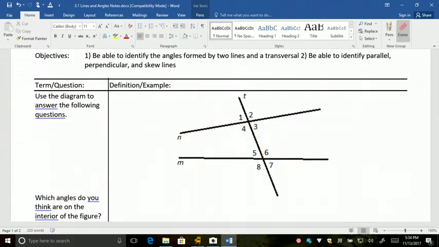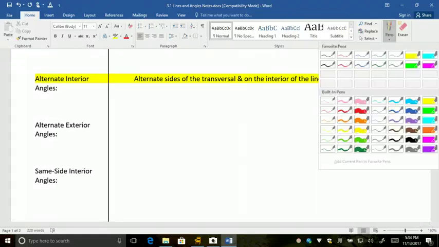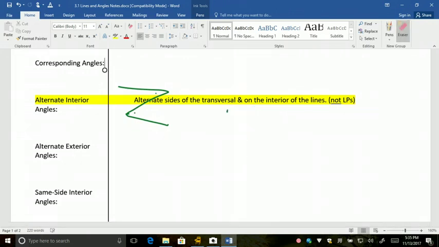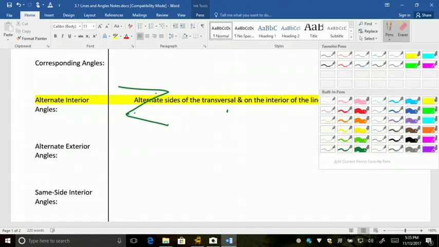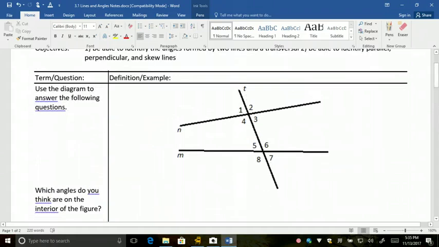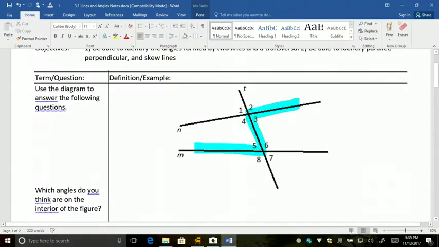So that's what we're going to write down here, that these angles are under the letter Z. They're in the corners of the letter Z. And it could be a forward Z or a backward Z. But they'll be in the corners of the Z. So our angle pairs for this particular picture are 4 and 6, and 3 and 5.